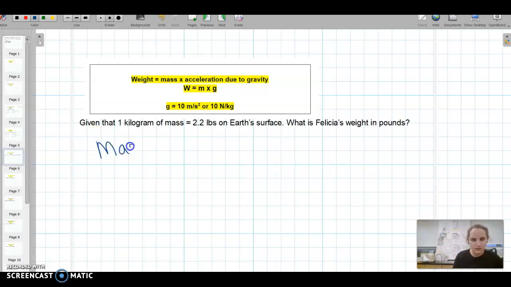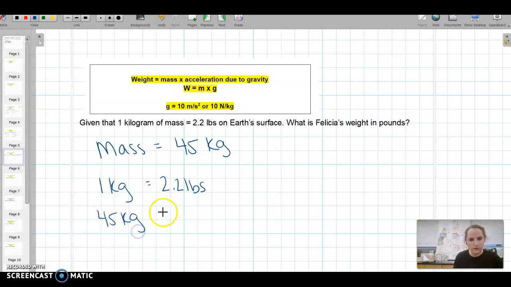Awesome. Her mass was equal to 45 kilograms. All right, so now let's write down this conversion because it's the one thing that we are given in this problem. So 1 kilogram is equal to 2.2 pounds. But we're given 45 kilograms. So how much would that be in pounds?